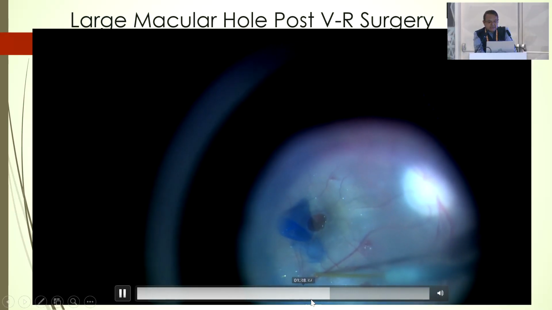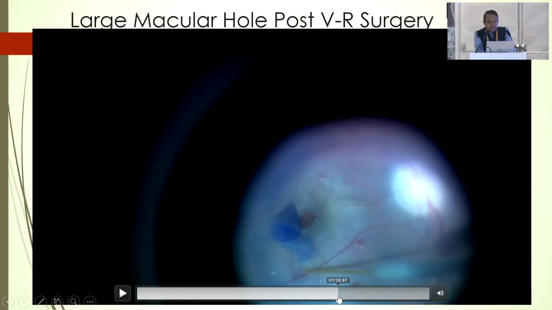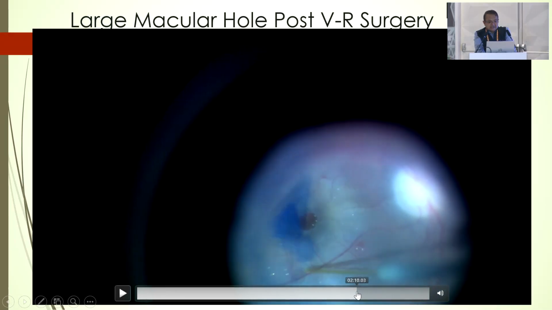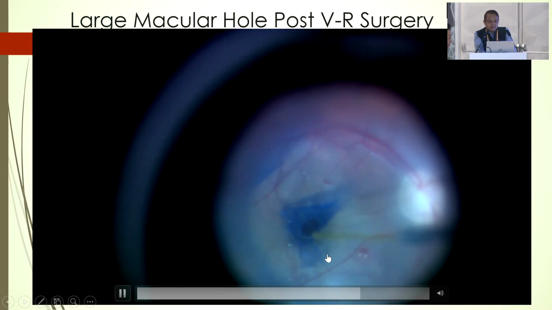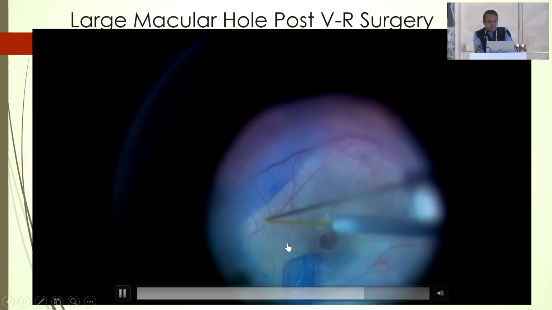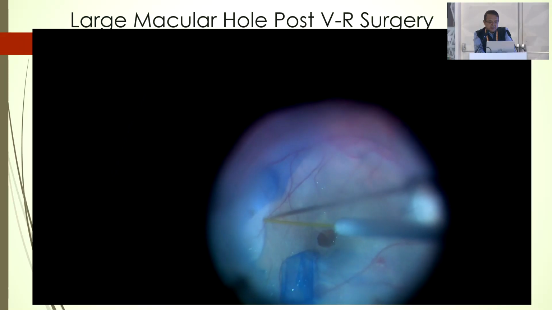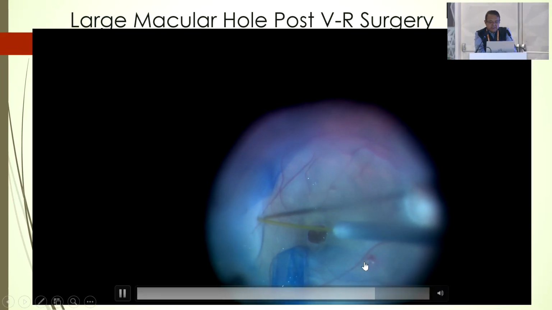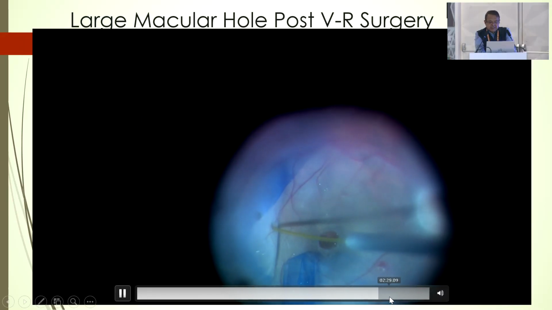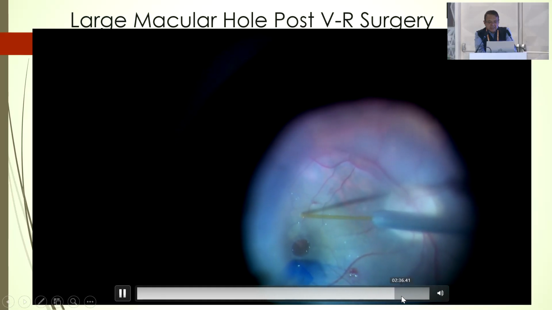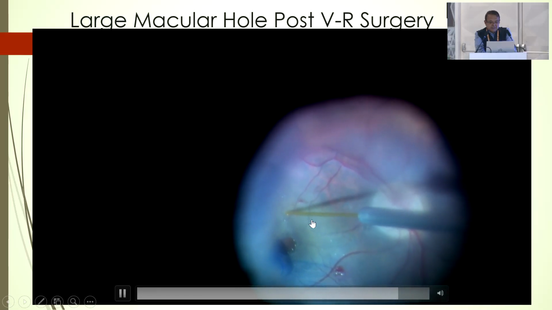So once I start detaching from the infratemporal quadrant, that detachment extends to the infratemporal part of the retina and the macula does not get detached. So again, I go here and detach between the disc and the macula, and I then create a macular detachment in this area.